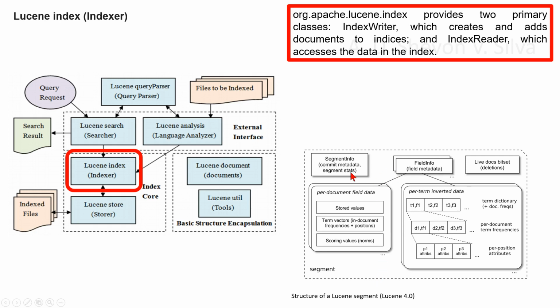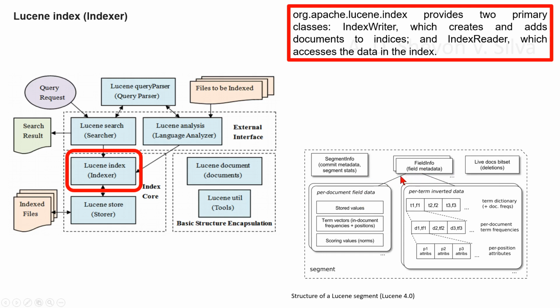Here you can see segment info, field info, live docs bit set, per document field data, per term inverted data in a segment. Here the segment info holds commit metadata and segment stats, and here you can see field info, field metadata.